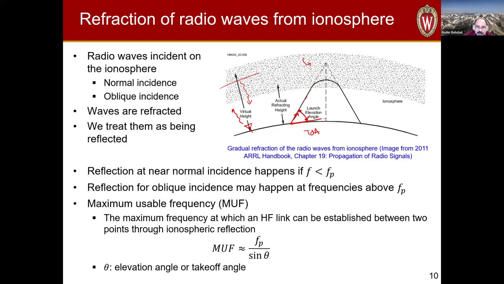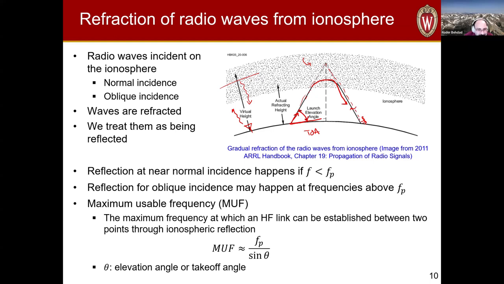As they are traveling, they also get refracted, so your wave sort of gets curved and then bends and comes back towards the Earth. So if you are an observer located here and are monitoring this wave, to you it may seem that the wave that's launched actually is reflected back from the ionosphere.